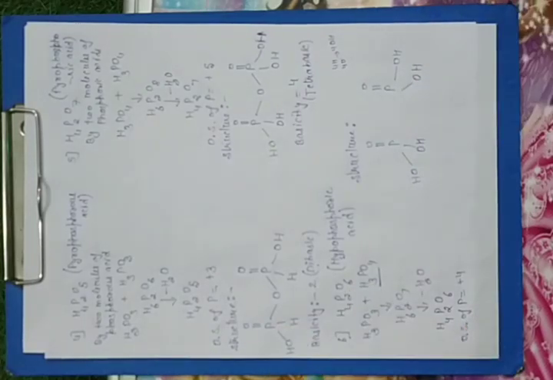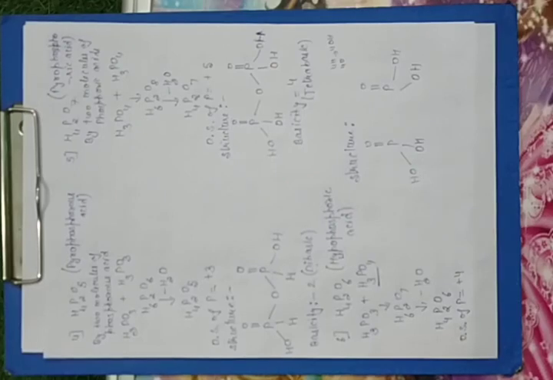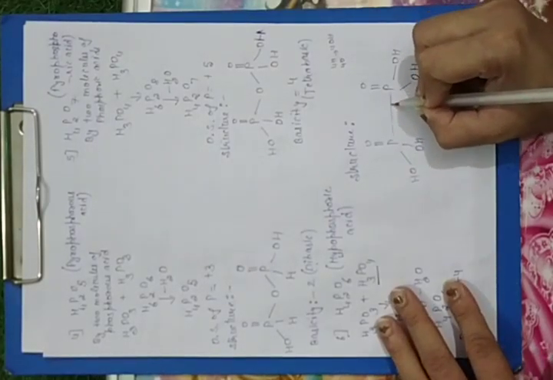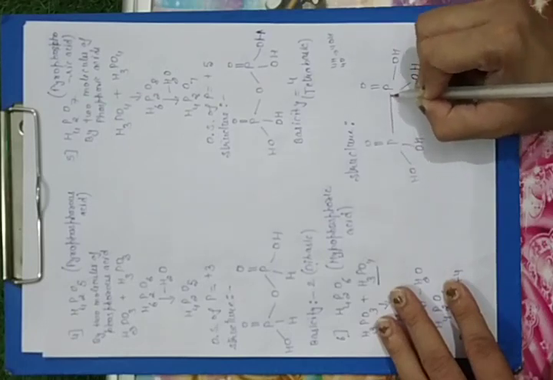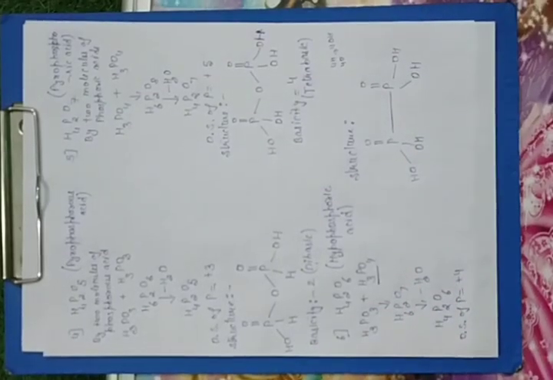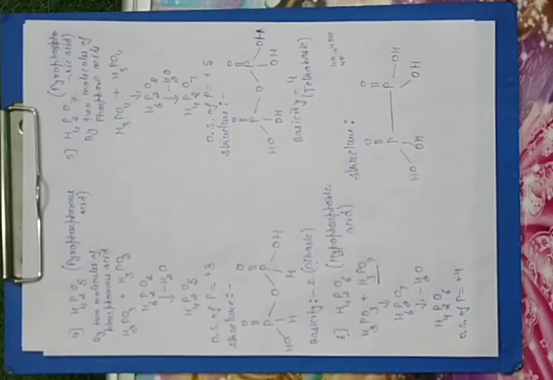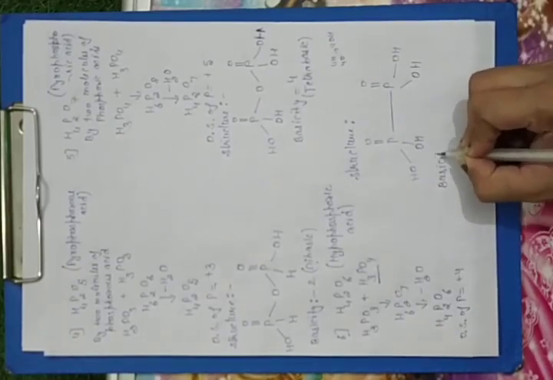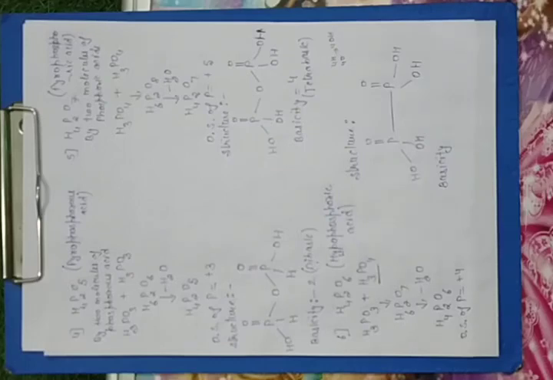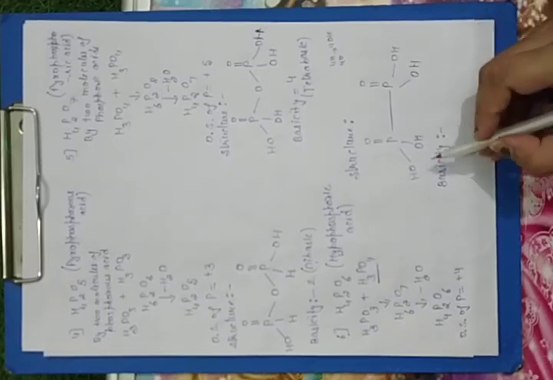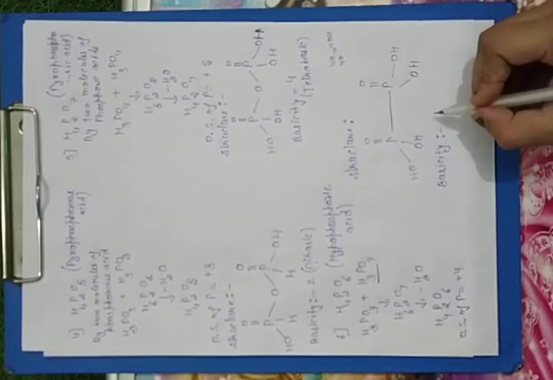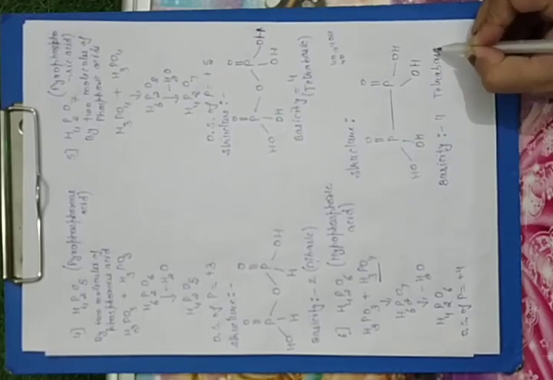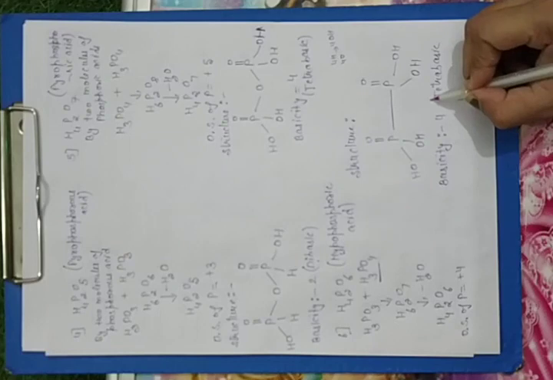Now there is no oxygen atom remaining, so link these two units by a phosphorus atom. This is the structure of H4P2O6. About its basicity, then its basicity is 1, 2, 3, 4. It is also a tetrabasic acid.